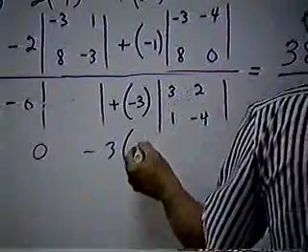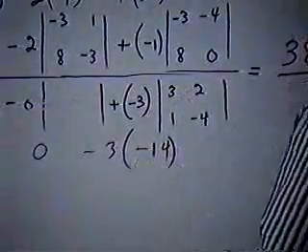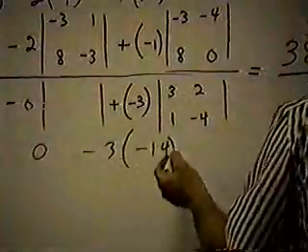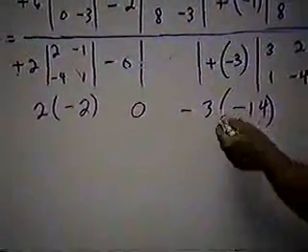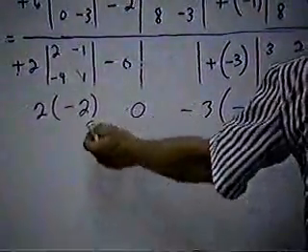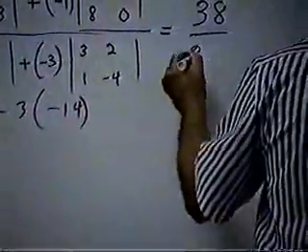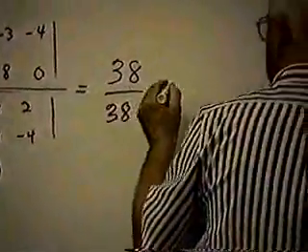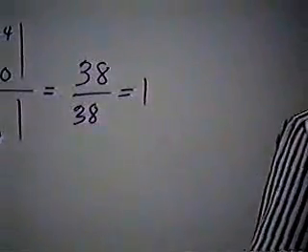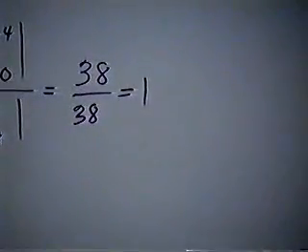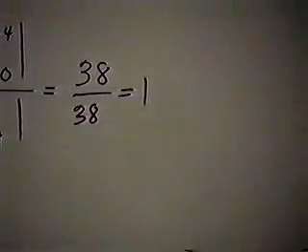Minus 12 minus 2 is a minus 14. So here we have 3 times 14, which is 42, positive 42, minus 4, which is a positive 38. 38 divided by 38 is 1. So we get x to be 1. Okay, and that's what we got a while ago.